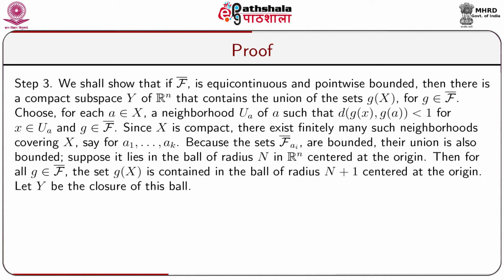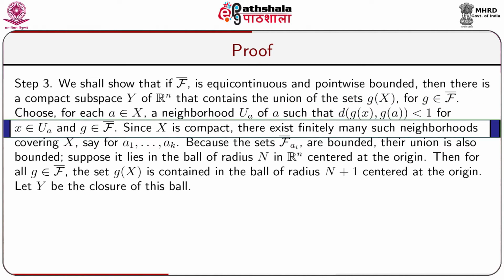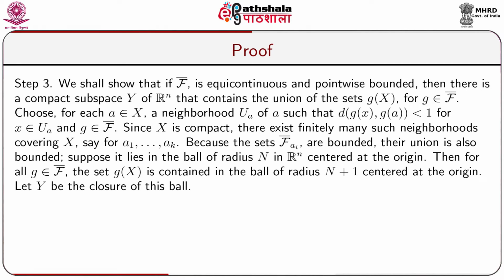Step 3. We can show that if script G is equicontinuous and pointwise bounded, then there is a compact subspace Y of R^n that contains the union of the sets g(X) for g belonging to script G. Choose for each a belonging to capital X a neighborhood U_a of a such that D(g(x), g(a)) is less than 1 for each x belonging to U_a and g belonging to script G. Since X is compact, we can cover capital X by finitely many such neighborhoods, say for a1, a2, ..., ak.